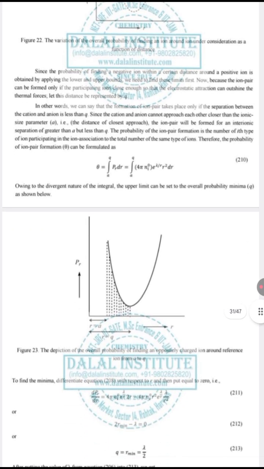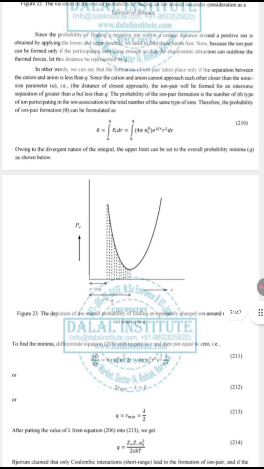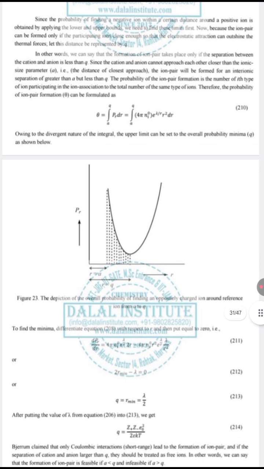Since the probability of finding a negative ion within a certain distance around a positive ion is obtained by applying the lower and upper bounds, we need to find these limits first. Now, because an ion pair can be formed only if the participating ions are close enough so that the electrostatic attraction can outshine the thermal forces, let this distance be represented by q.